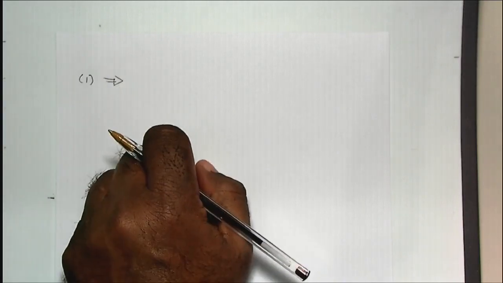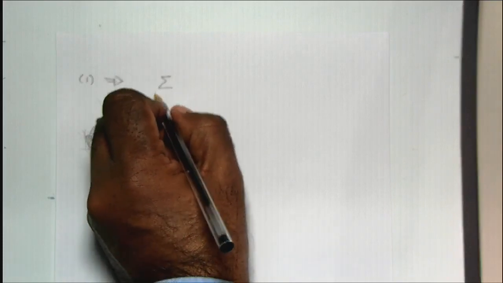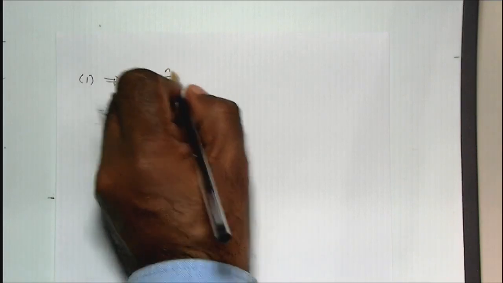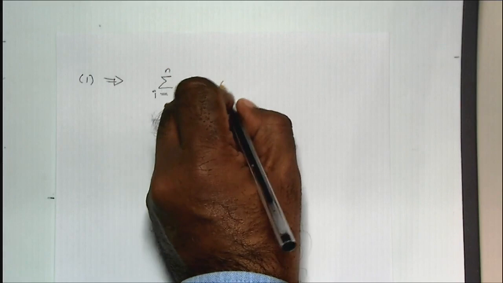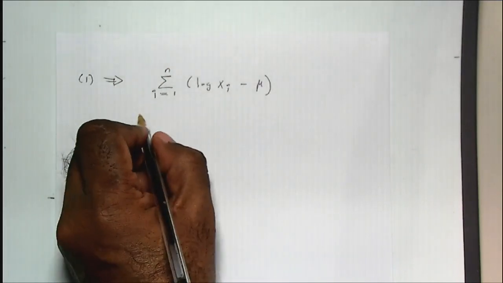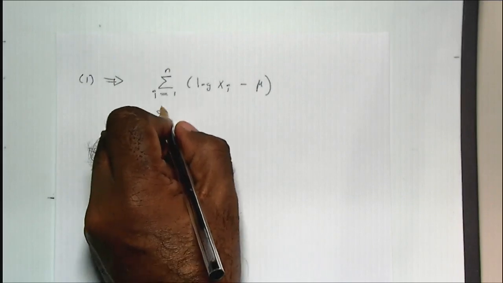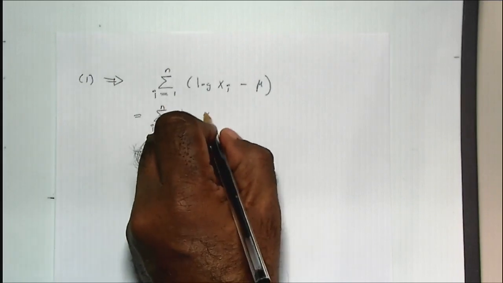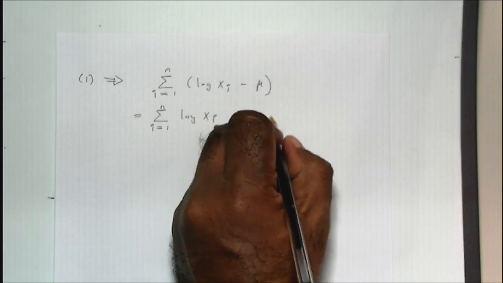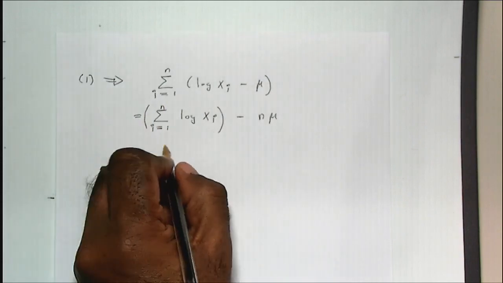From equation 1, you see that this, which is equal to this, is equal to 0.